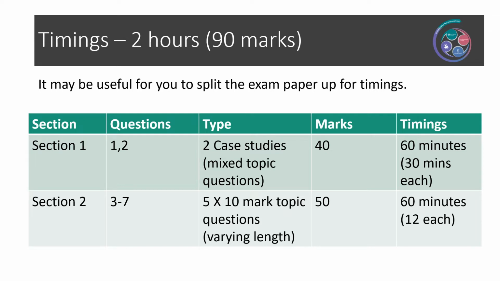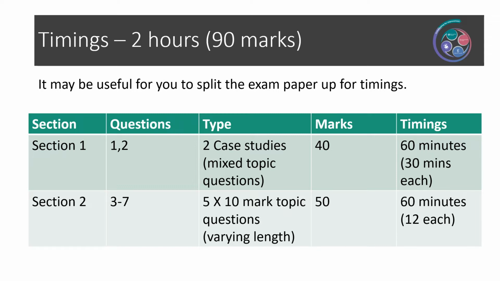So section 2, questions 3 to 7, consist of 5 10-mark topic questions, but the questions vary in length. Now, usually you might get asked up to a 5-mark question. That section is worth 50 marks. And the approximate timings again would be 60 minutes for section 2, roughly about 12 minutes each.